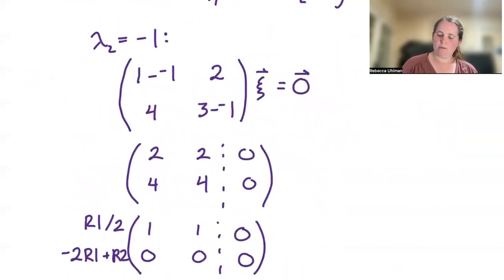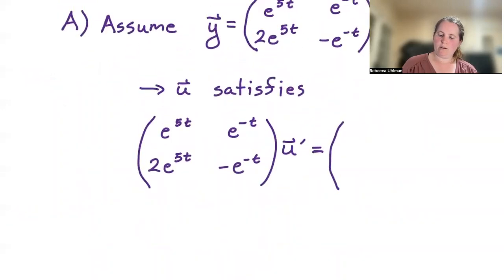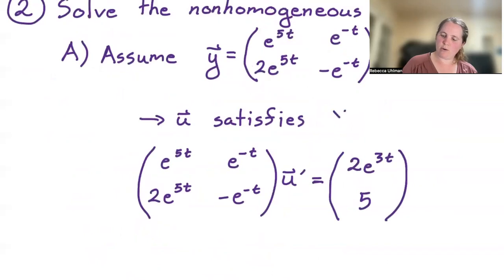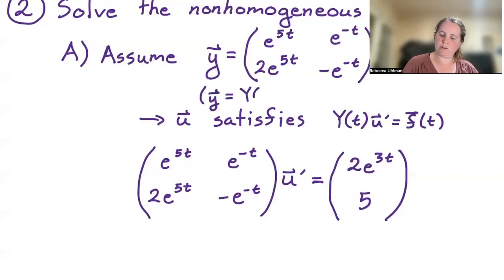So this should be equal to our fundamental matrix times U prime should be equal to 2e to the 3t for the first position and 5 for the second position. Again, this is U satisfies capital Y of t times U prime is equal to F of t. Again, the assumption we were making above was that Y was equal to our fundamental matrix Y of t times some U.